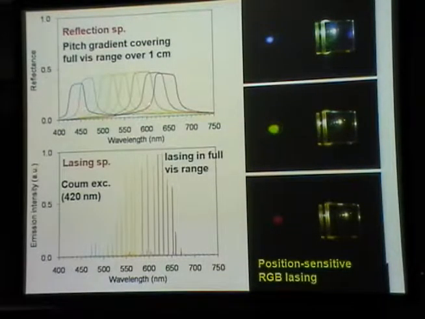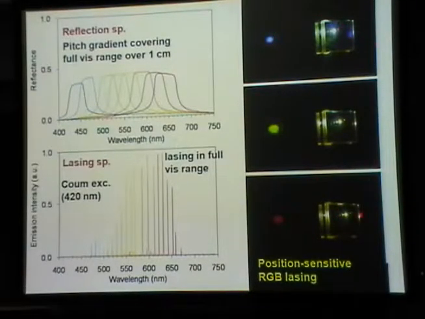This is the position-dependent reflection spectrum. The reflection spectrum changes positionally, and the lasing occurs at each lower energy edge. So we observe the emission from 470 to 670, over 200 nanometers, that we can lase.